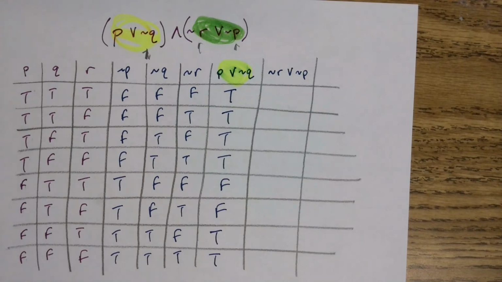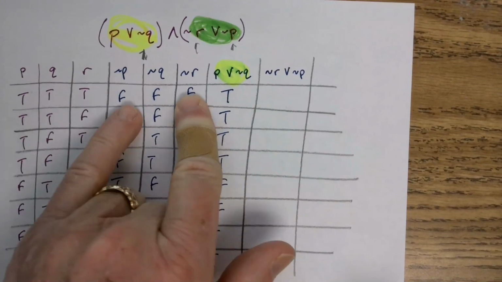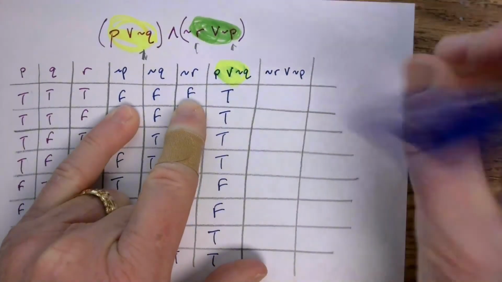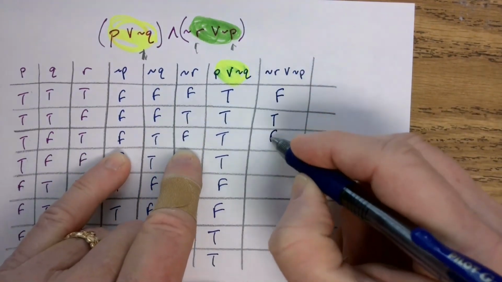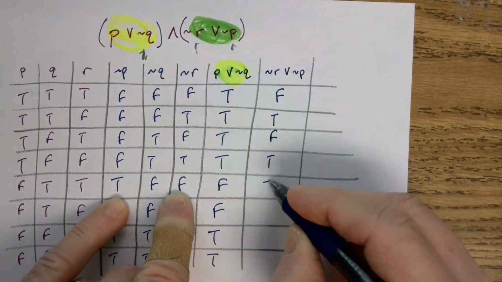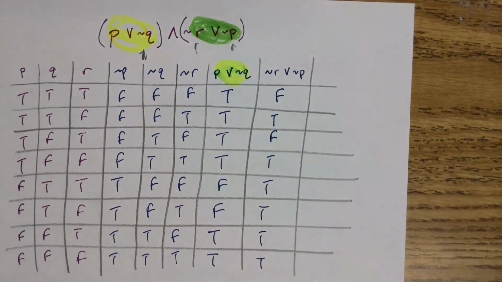Make sure you use the correct 2 columns. All right, that's what I got. That's what I got. Perfect.